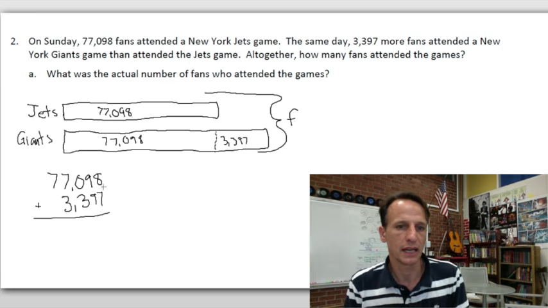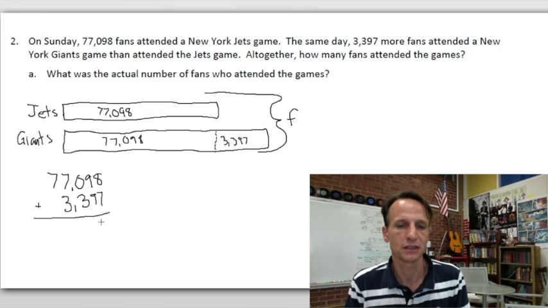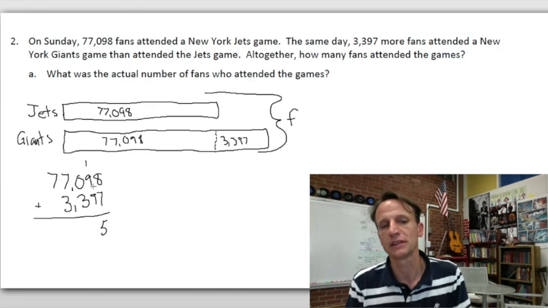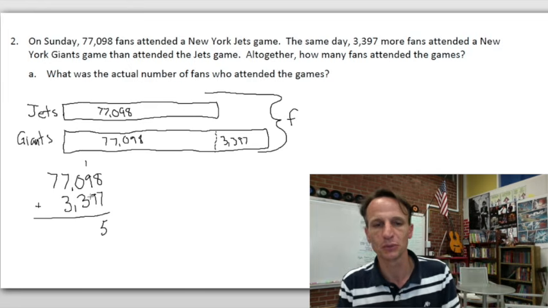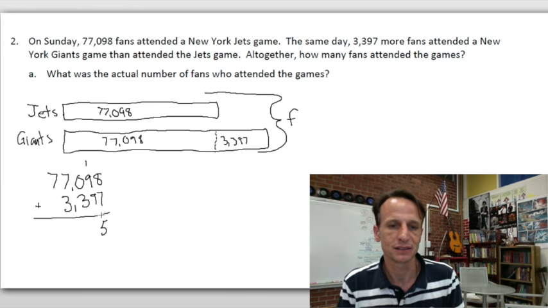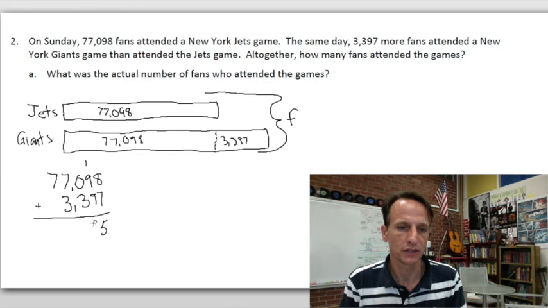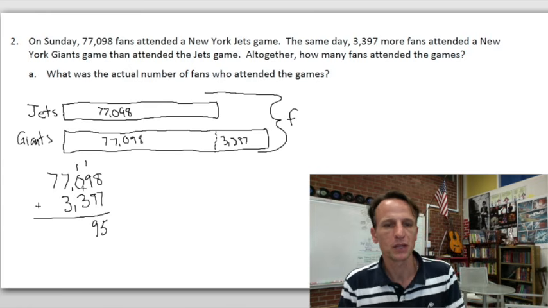Okay, so 8 and 7. You know that one? Yep, 15. Good. You place the 5, regroup the 1. And there's 2 patterns here. Let's go with 9 and 9 are 18, if you know your doubles. And 1 more than 18 is 19. We'll place the 9, regroup the 1. 1 and 0 and 3.